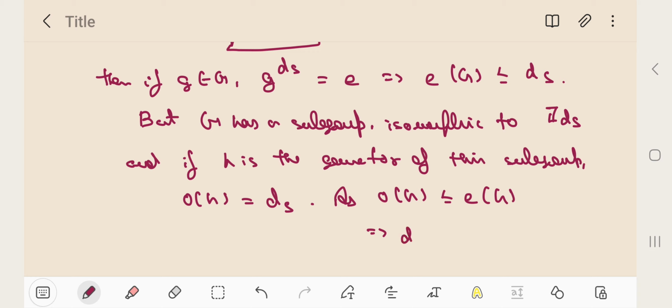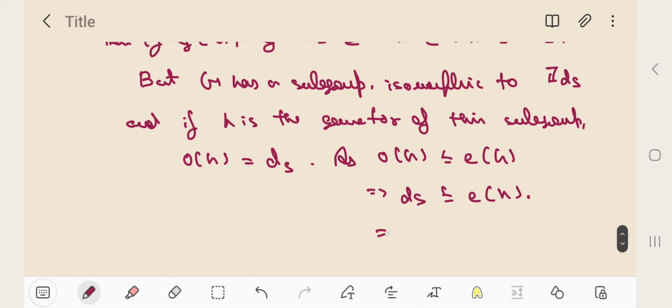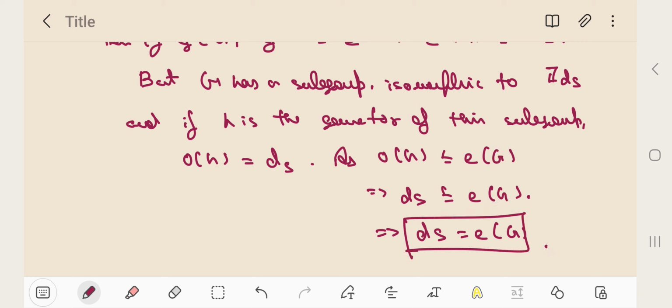But the order of h is nothing but d_s, so d_s must be less than or equal to the exponent of G, which immediately implies that d_s must equal the exponent of G. Clear? Got it?